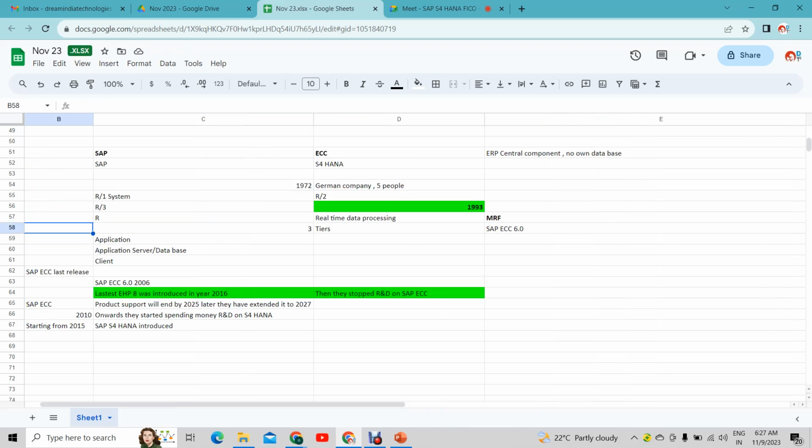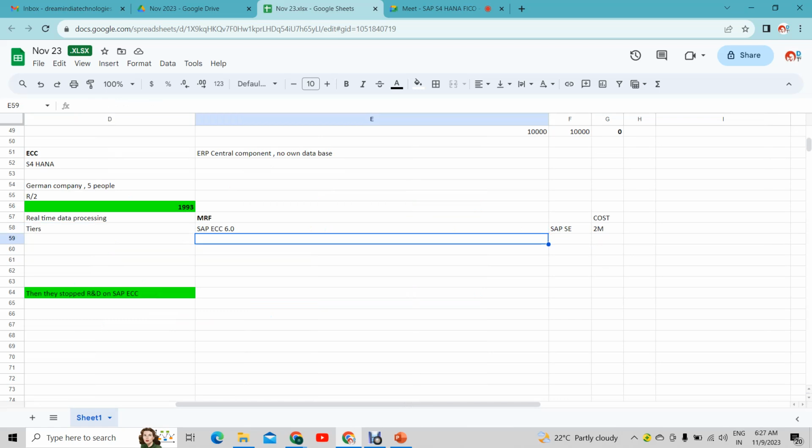There is one more layer here, a tier, a database, right? The application SAP provides, but the database SAP would not be able to manage. You have to buy an application from SAP and again database support. Database support in the market: Oracle, then DB2, Microsoft, and IBM.